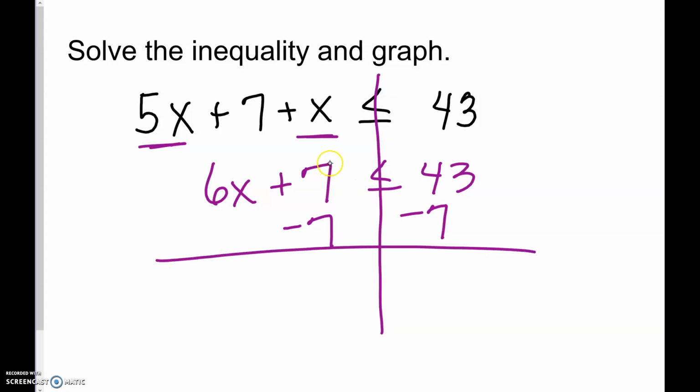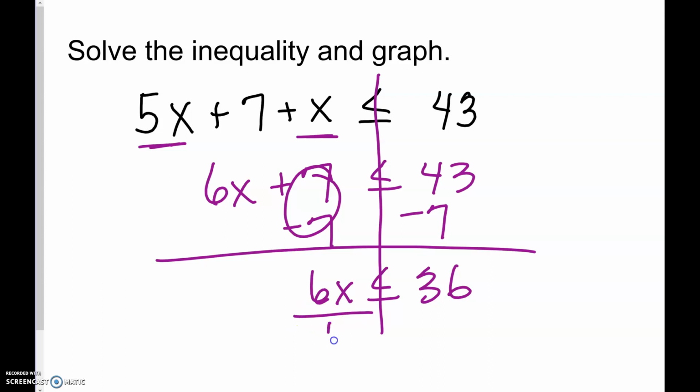This is going to cancel out, and we have 6x is less than or equal to 36. We just added and subtracted, so there's no flipping of the sign. Divide both sides by 6. So we have x is any number less than or equal to 6.